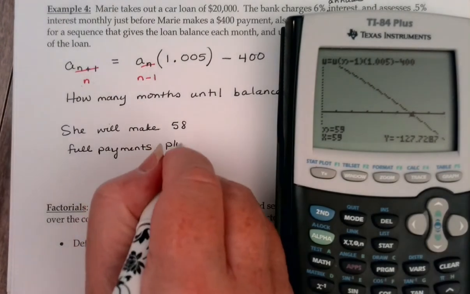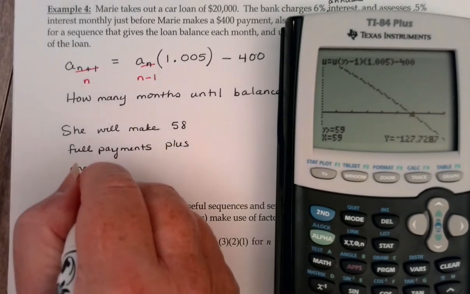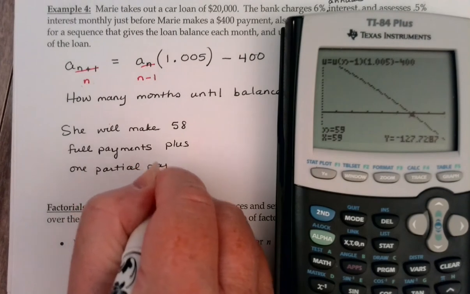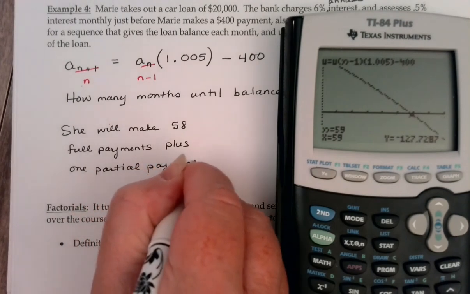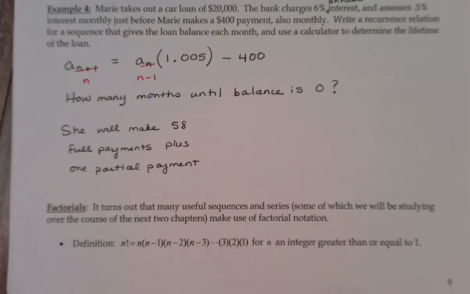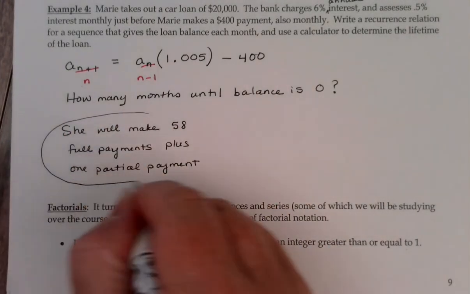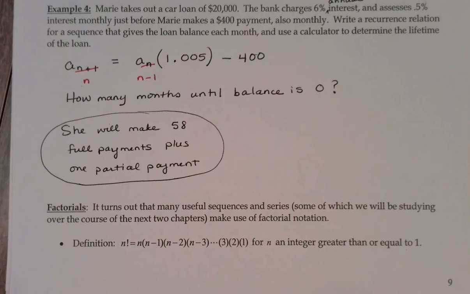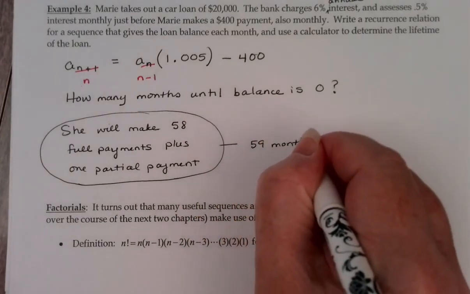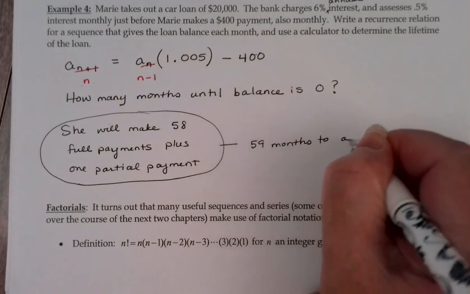So plus 1 partial payment. So really a total of 59 months to a 0 balance.